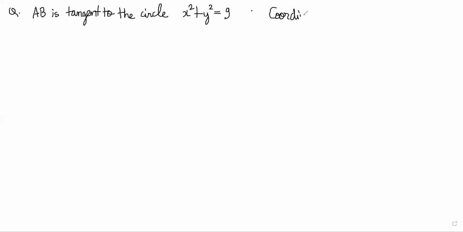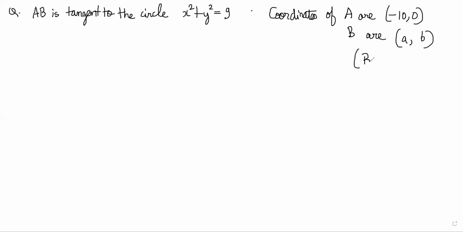Coordinates of A are (-10, 0) and B is (a, b), which is in the third quadrant. Slope of AB is what? That is the question.